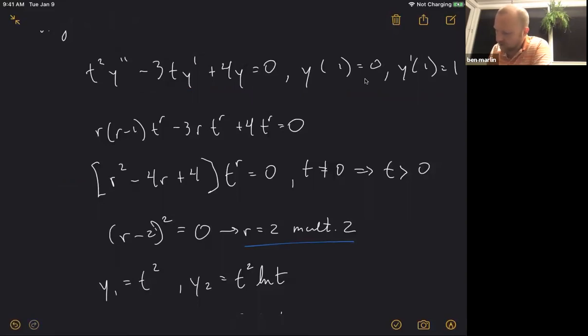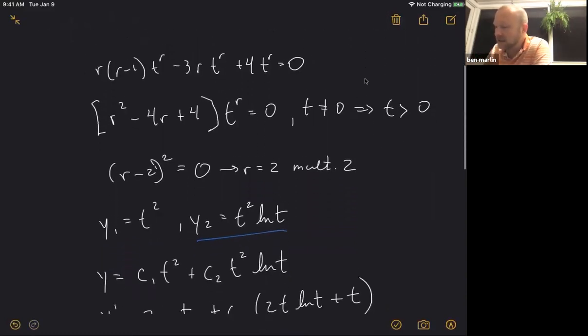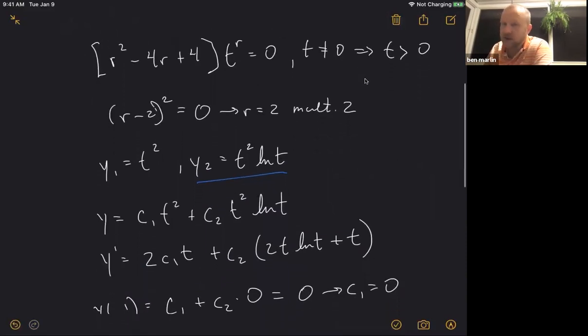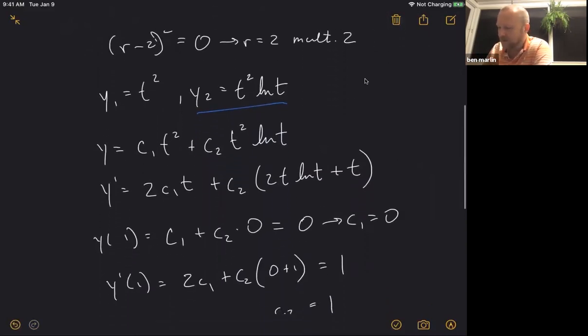And so from that, y1 equals t squared is a solution, but the second solution we're looking for, rather than multiplying by t, which would just change the r value, and we can't have a different r value, rather than multiplying by t, we multiply by ln t. And if you go ahead and check, you can show that that will also be a solution, okay?